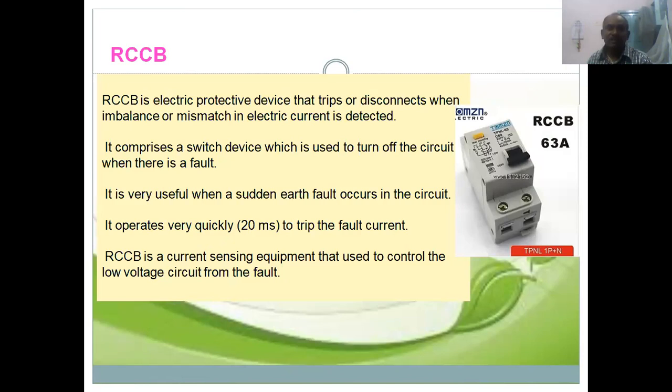It comprises a switch device which is used to turn off the circuit when there is a fault. It is very useful when a sudden earth fault occurs in the circuit. It operates very quickly, taking only about 20 milliseconds with the fault current. The RCCB is a current sensing equipment used to protect low voltage circuits from faults.